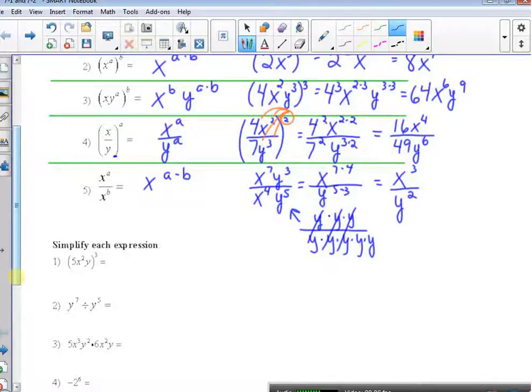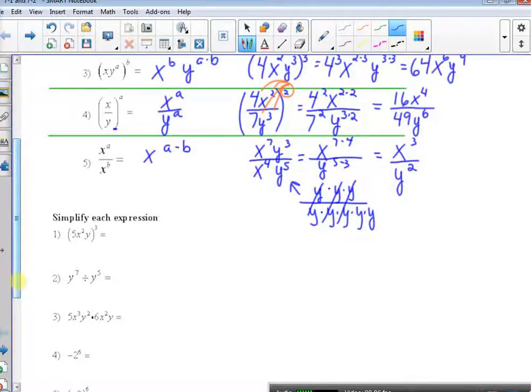Okay, so for the examples down below, 5x squared y to the 3rd, cubed, is going to be 5 to the 3rd, x to the 2 times 3, y to the 3rd, or 125 x to the 6th, y to the 3rd. The next one is going to be y to the 7 minus 5, because you're doing division, so that's y squared.